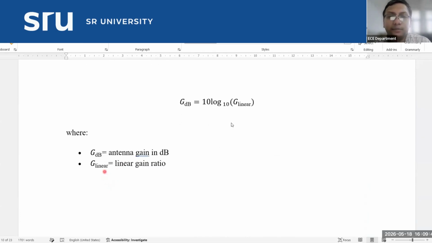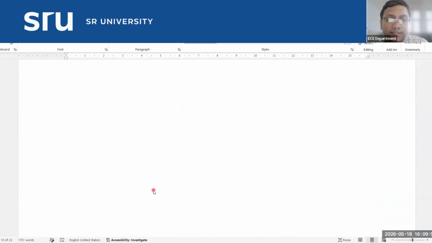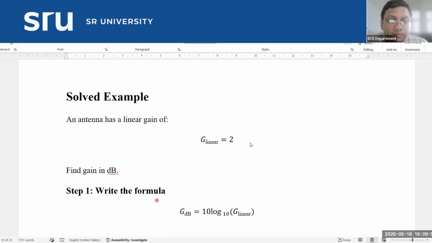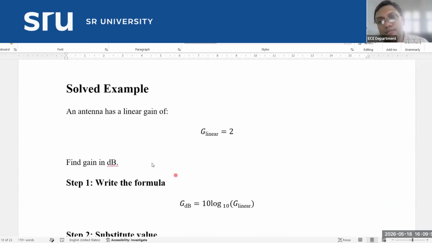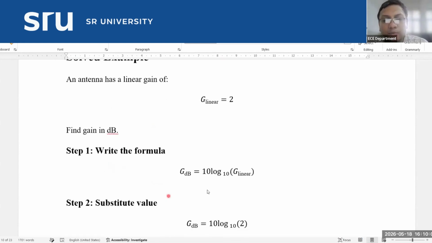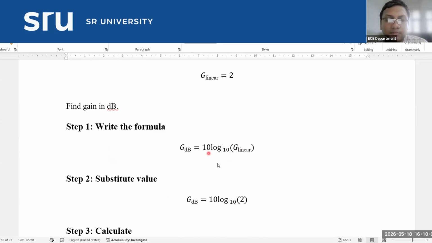Now, what is gain in dB? Basically, if the gain in linear scale is known, for example, if the linear gain is 2, and we need to find the gain in dB, the formula is 10 log 10 of G linear, or 10 log G linear base 10.